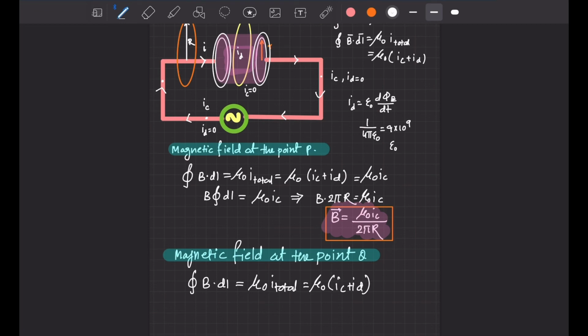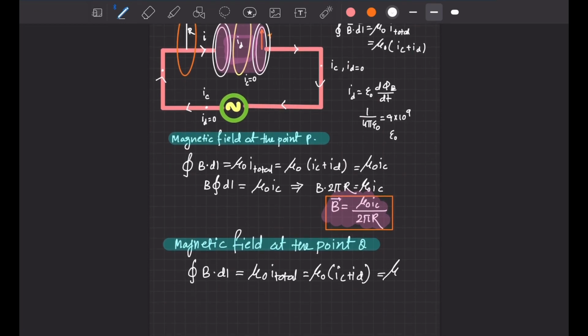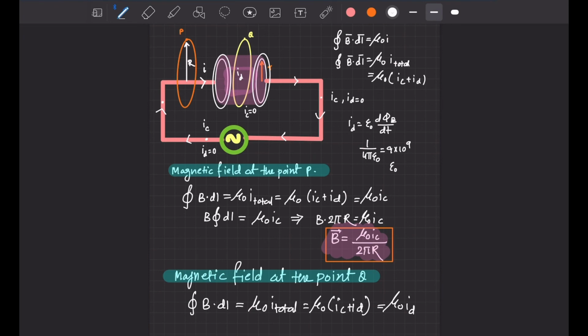And here IC is 0, only ID is there, so I should write mu naught ID. All right, so now here as you can see, B dot dl, if you consider the integral of dl, because P and Q definitely have the same radius, right?